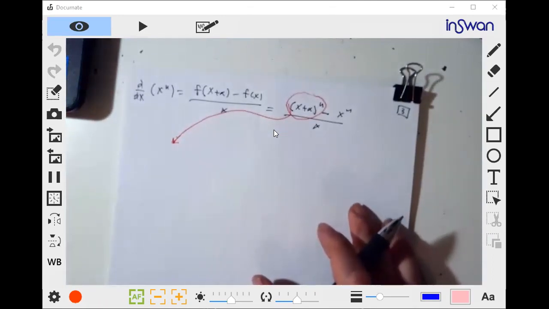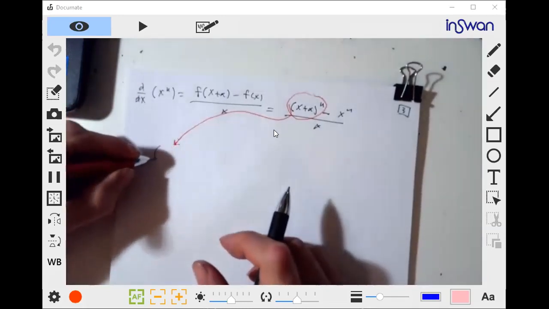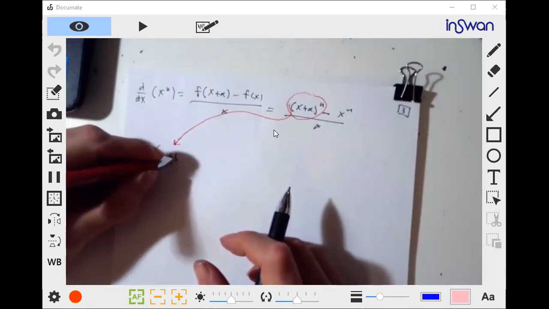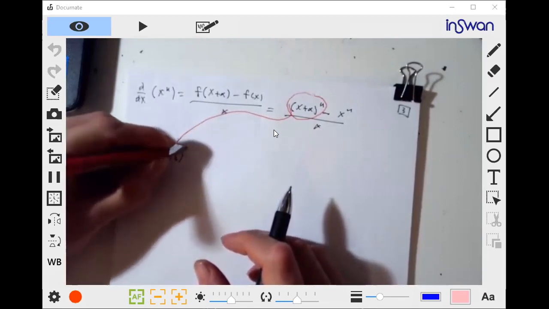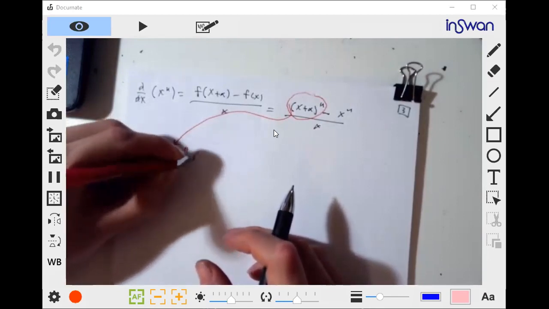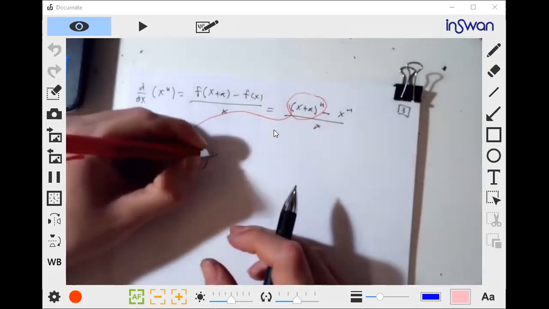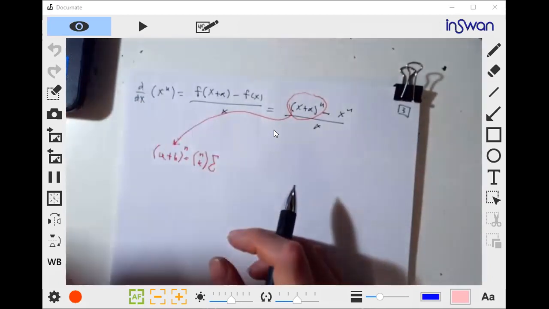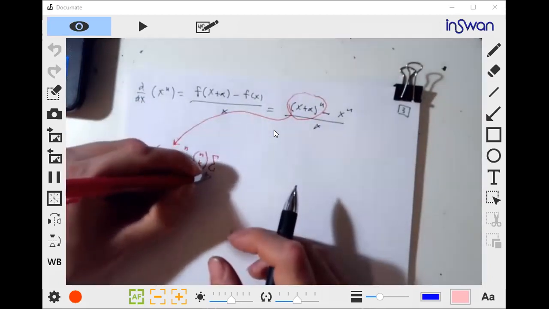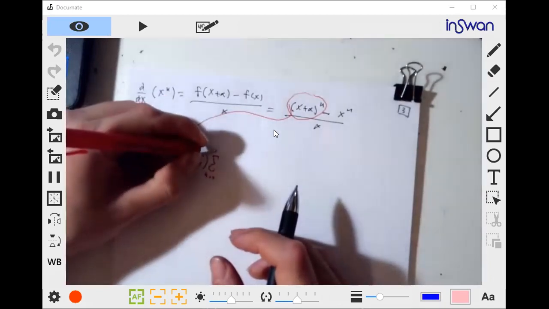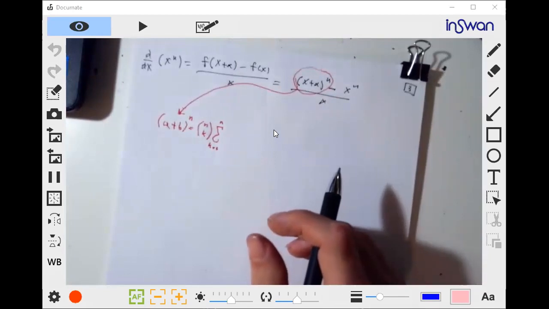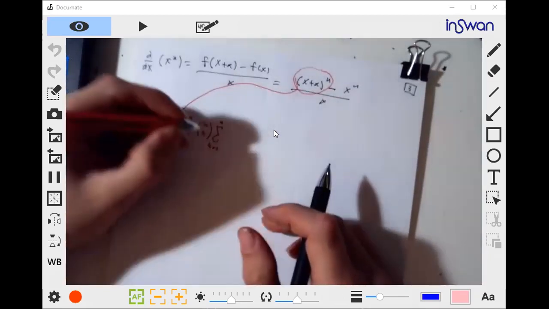It says that a plus b raised to the nth power is equal to the sum as k equals 0 to n of n choose k times a to the n minus k, b to the k.